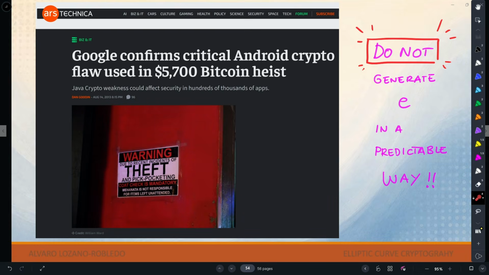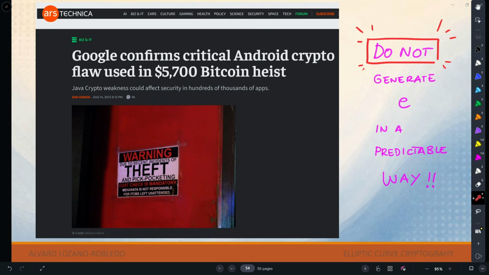Now, this happened again. When Bitcoin started getting popular, there were all these crappy apps doing crypto business on Android phones. And there was a library they were using to do the elliptic curve digital signature algorithm, and then using the digital signature to trade Bitcoin.